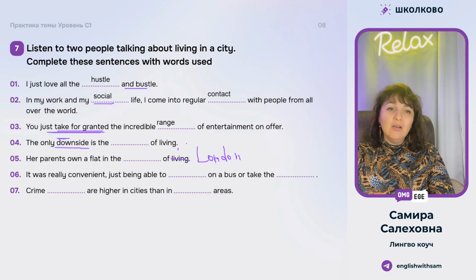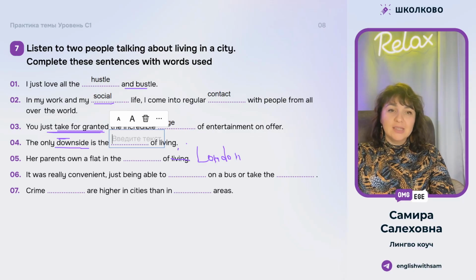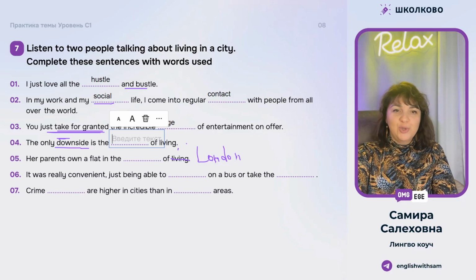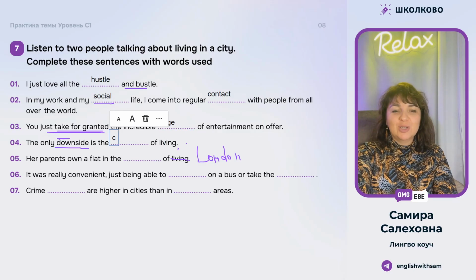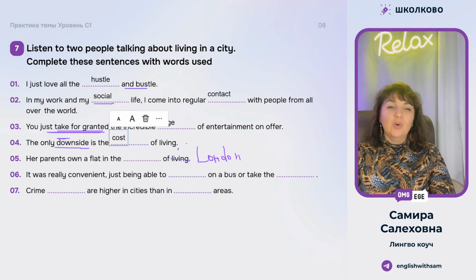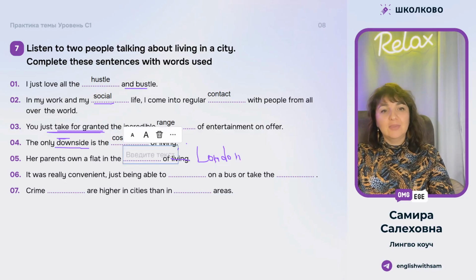The only downside is what? Единственный минус – это вот этот минимальный прожиточный минимум, стоимость, как мы называем, жизни. Проживание, конечно же, проживание. Cost of living, right. So her parents own a flat in the centre of London.